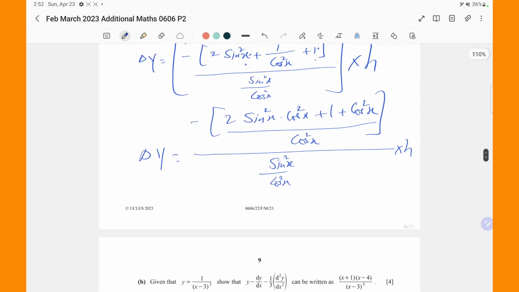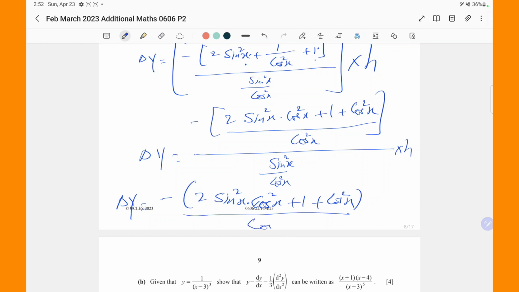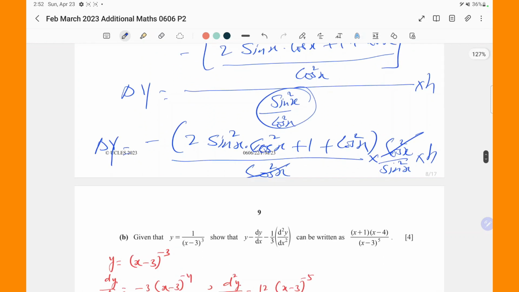Now this delta y is minus 2 sin square x cos square x plus 1 plus cos square x over cos square, then times cos square x over sin square x, and then times h. Now cos square and cos square you can cancel.